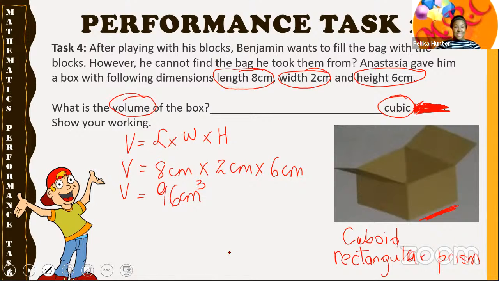So take your solutions off, and then we continue to the next question. Right, so we're going to the next question now.